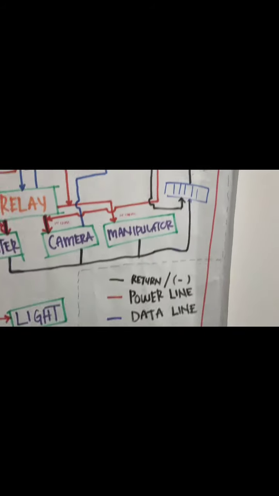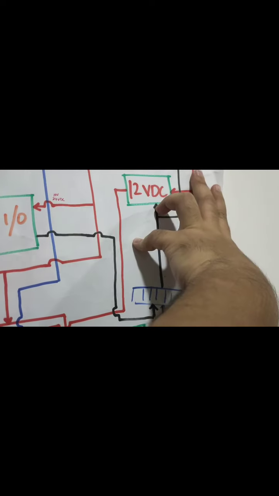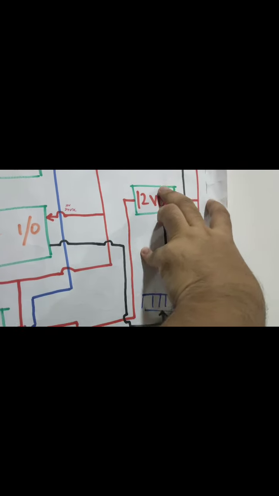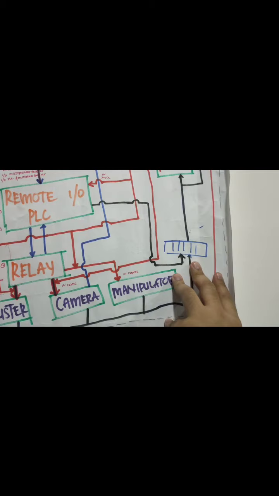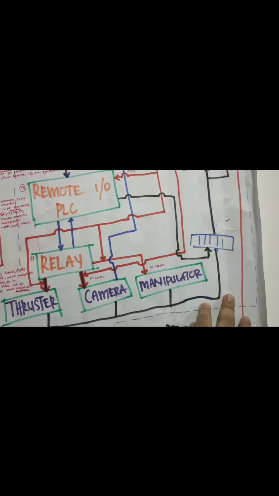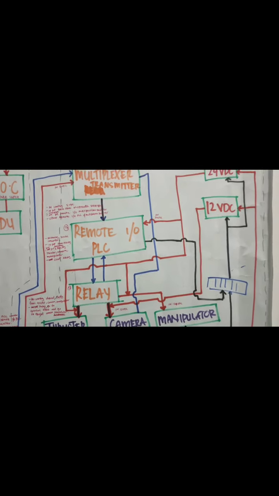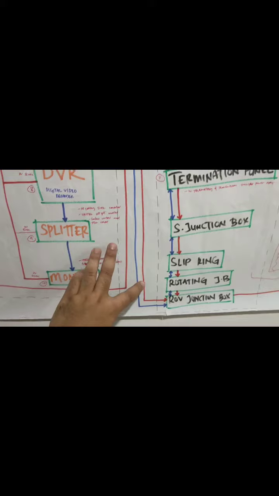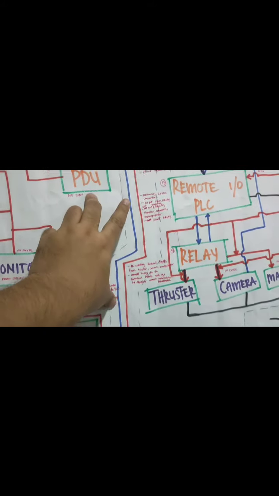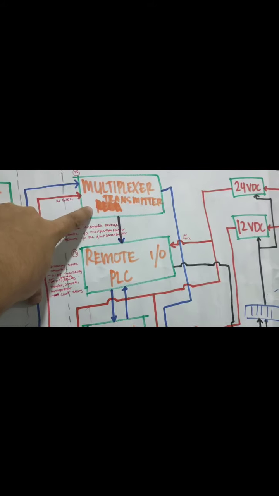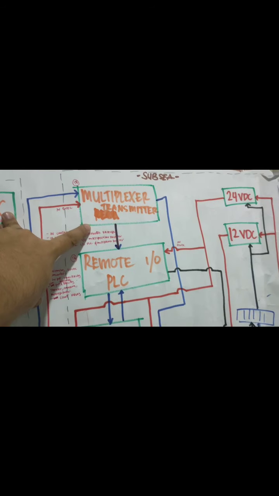From the ROV junction box here, it will supply 24 DC volt and 12 DC volt to power up the subsea equipment, and the ROV junction box will also power up the multiplexer at the subsea equipment.